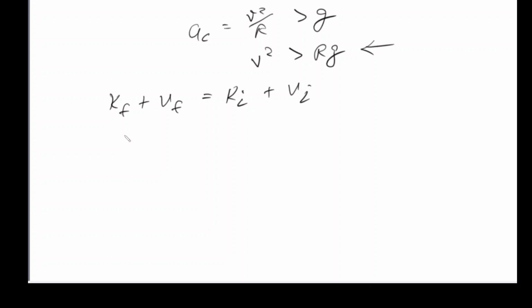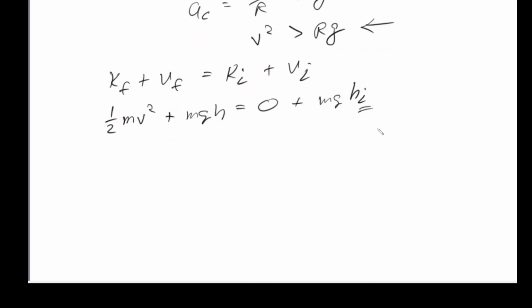So at the top of the loop, which is where we're looking at these energies, we have 1/2 mv squared plus mg times the height is equal to initial kinetic energy is 0 because it started from rest, plus mgh initial. And this is what we're looking for, what the initial height has to be to make it through the loop safely. So we can cancel out the masses, and we get 1/2 v squared plus gh is equal to ghi.